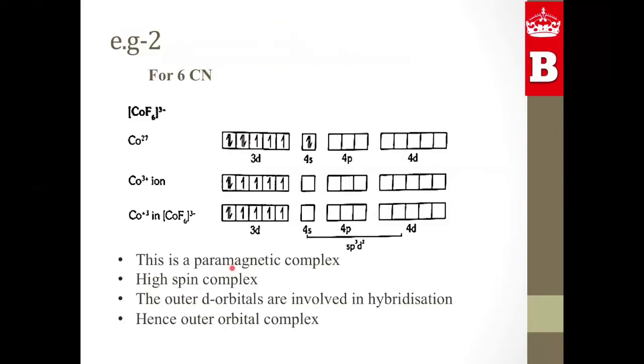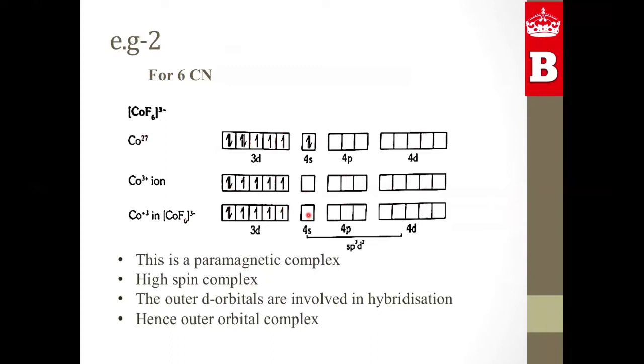Similarly, consider another example with a weak ligand, such as the halogens, for example fluorine. Fluorine is a weak field ligand, and due to the presence of a weak ligand, the electrons cannot be paired up in the octahedral environment. Here it is CoF6, and the electronic configuration of cobalt is the same as in the earlier case, but here the 3d orbitals will not be available for hybridization.